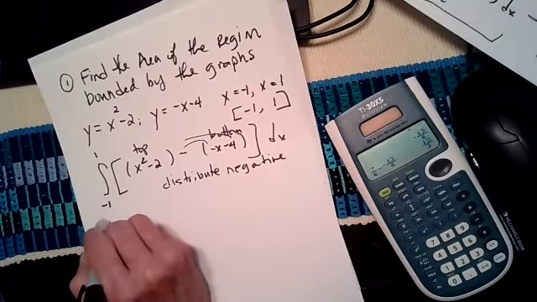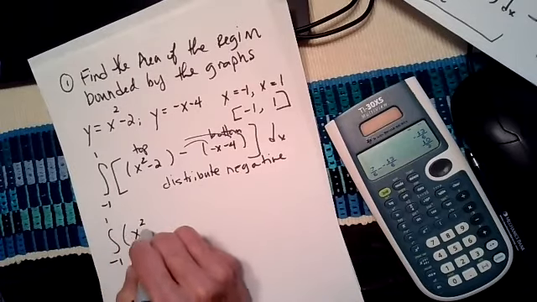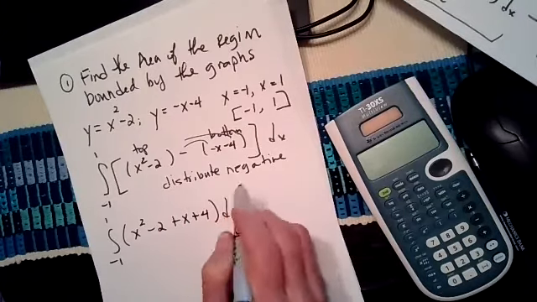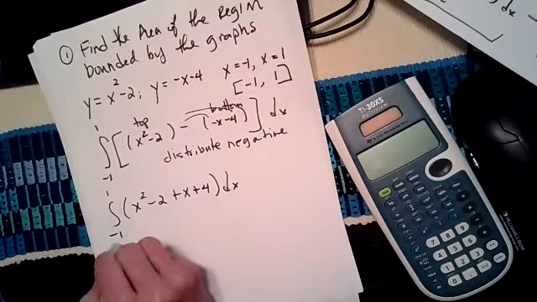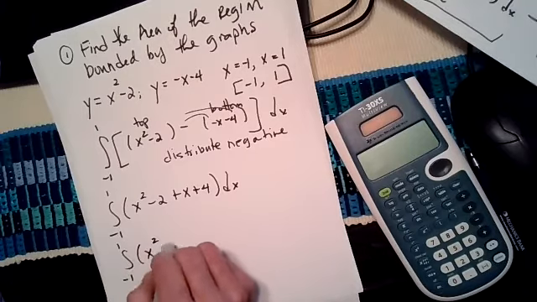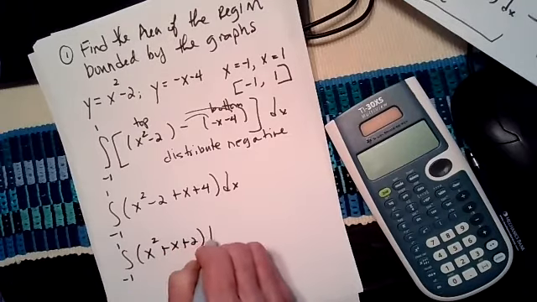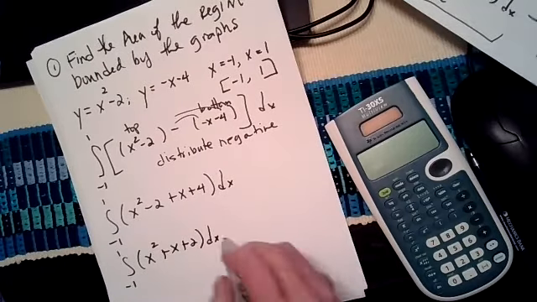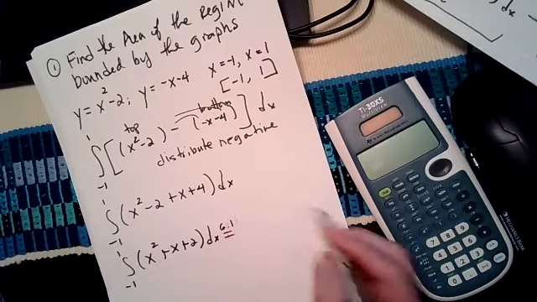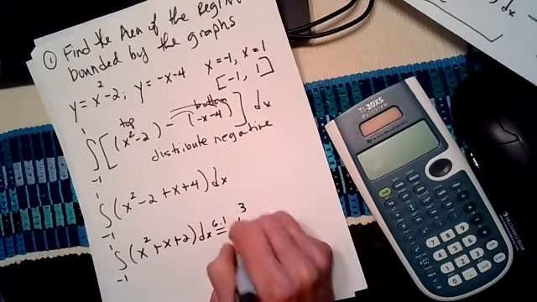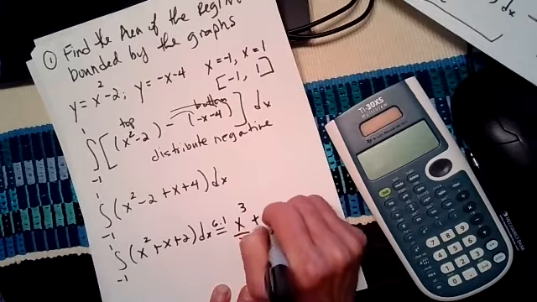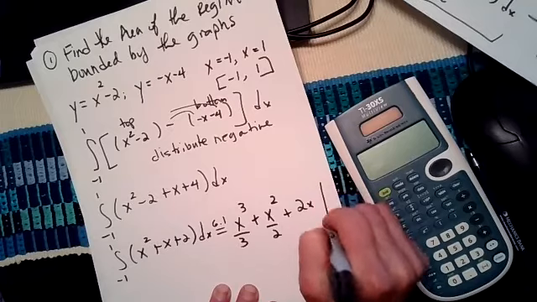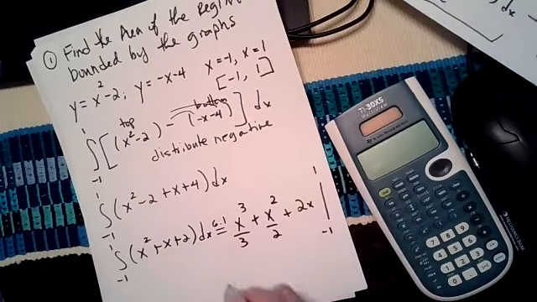So negative 1 to 1, x squared minus 2 plus x plus 4, and we'll combine like terms: x squared plus x plus 2 is my function. And so my antiderivative, we'll use our 6.1 rules: x cubed over 3 plus x squared over 2 plus 2x from negative 1 to 1.